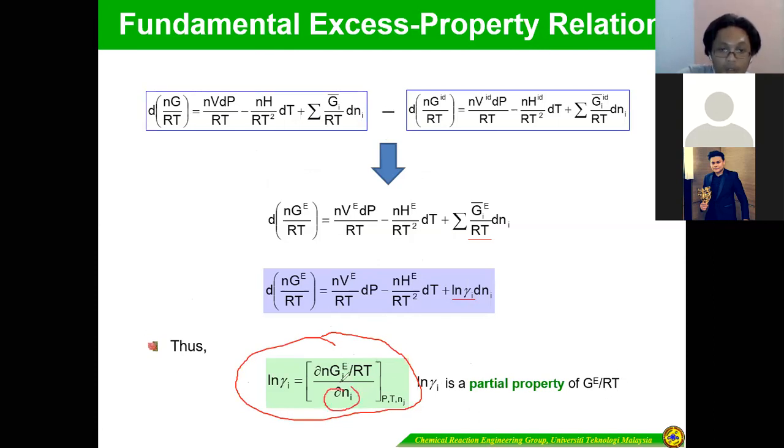Also important is the composition. Previously, the fugacity coefficient is the partial property of the residual Gibbs energy, but the activity coefficient is the partial property of the excess Gibbs energy. Almost similar.